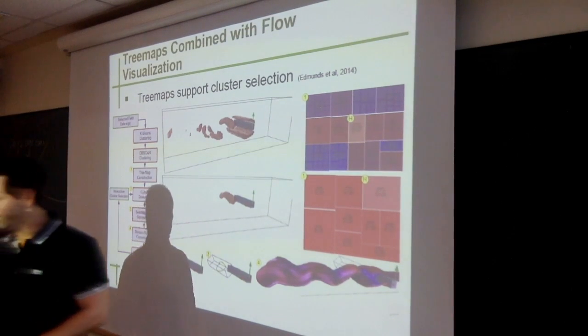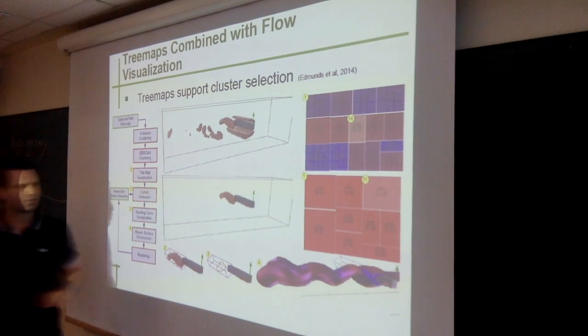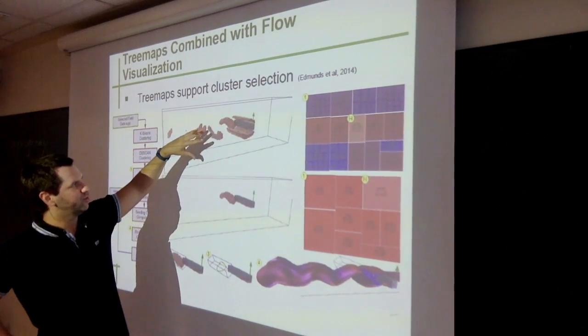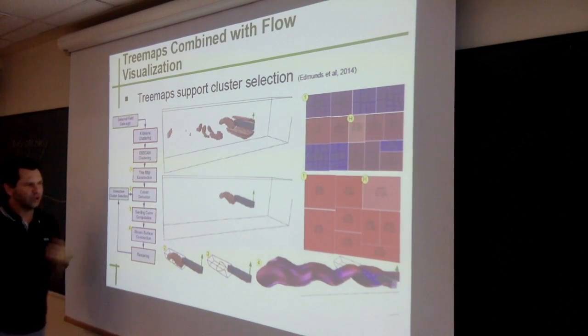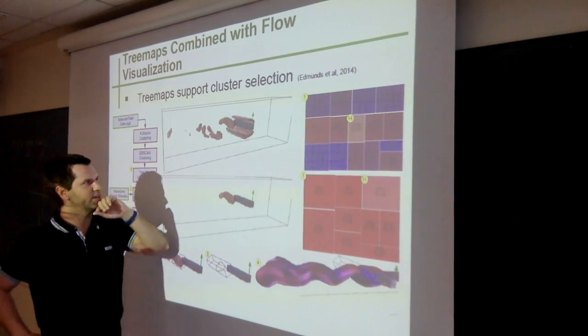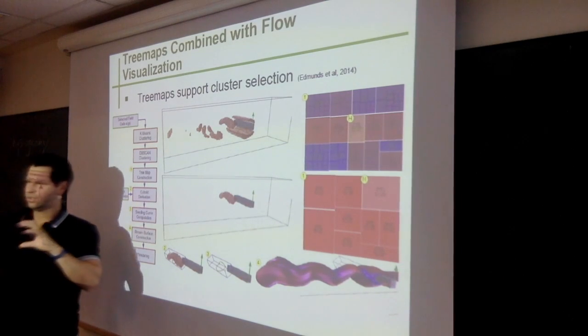This is an example of tree maps combined with other views of data. So that's a tree map view, and this is scientific, a spatial view of flow. One of the challenges in scientific visualization with this kind of data is picking and choosing clusters.